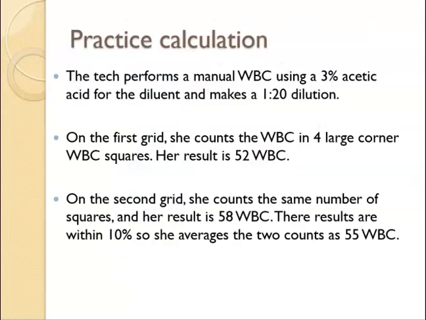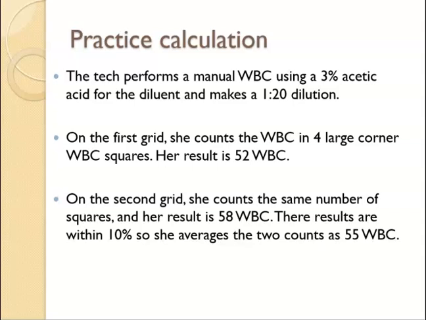So now that we've learned how to use the hemocytometer, let's look at an example of a calculation. So a tech performs a manual white blood cell count using the 3% acetic acid for the diluent, and it makes a 1:20 dilution. So on the first grid side of the hemocytometer, she counts the 4 corner white blood cell squares, and she counts 52 white blood cells.